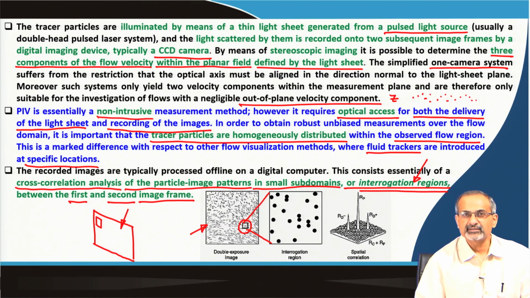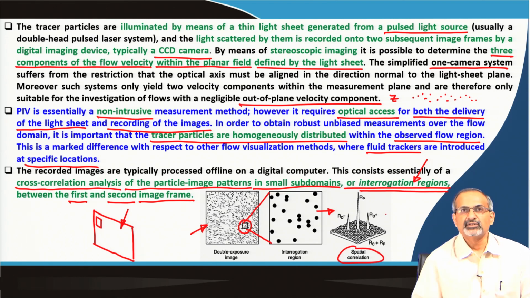So if you look at the same interrogation region after a short interval of time, the particles would have relocated themselves, and then once you apply the cross correlation analysis on those two image frames, between the first and second image, what you end up getting is a result which gives you the spatial correlation. Based on this spatial correlation, we are able to generate the velocity vectors. We will learn a little bit more on this in a subsequent lecture.